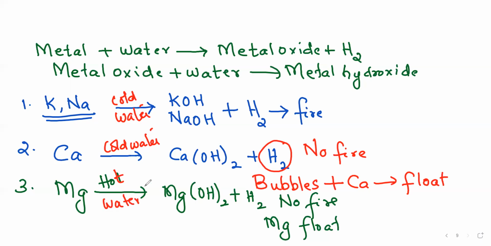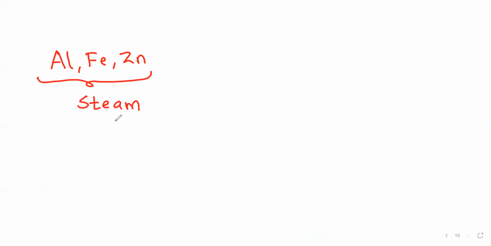So sodium, potassium, calcium, magnesium, and then we have a group of metals: aluminium, iron and zinc. They do not react with hot water; they react only with steam. They react with the steam to give the corresponding metal oxide. It will not form metal hydroxide plus hydrogen gas.